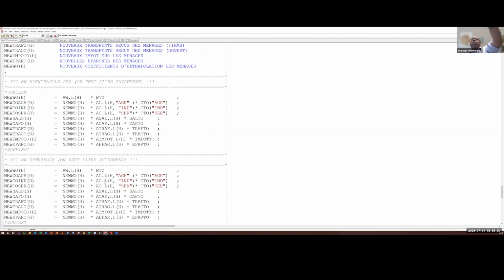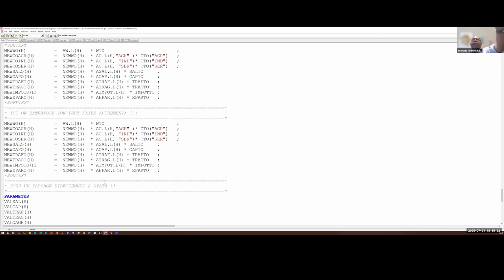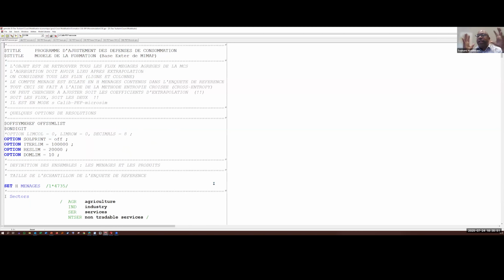And here we recalculate to get back the values, because we have the definition of the technical coefficient, respecting the sum value, and with the extrapolation coefficient, to retrouver the value of the sum we have. Now we are ready to go. Just one other remark: the model is big in microsimulation.